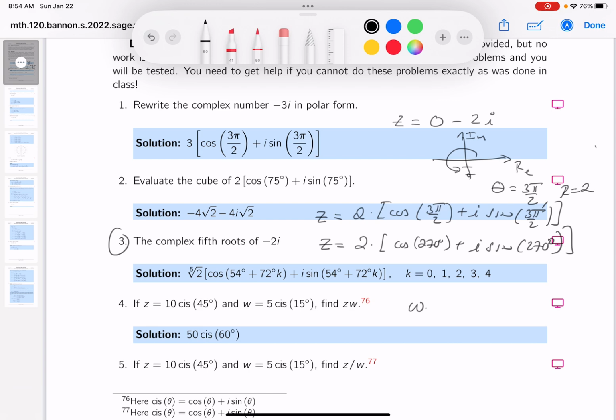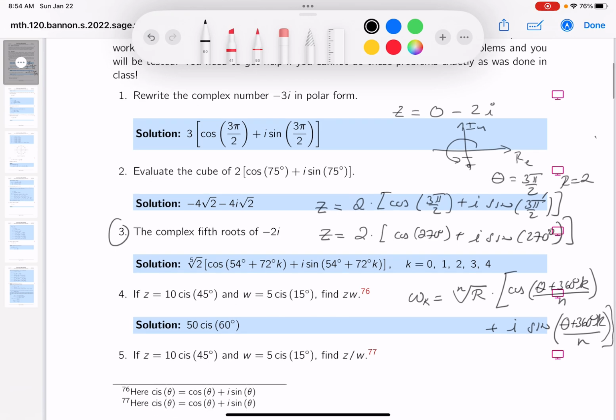The roots, w sub k, are the nth root of r, times cosine of (theta plus 360 degrees k over n) plus i sine of (theta plus 360 degrees k over n). We derived this in class, by the way.